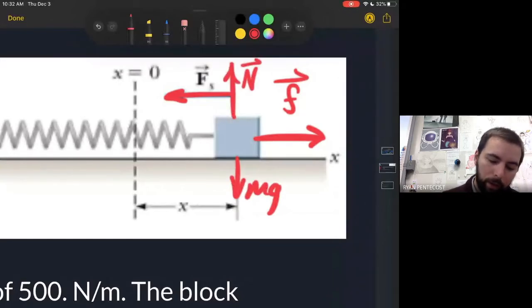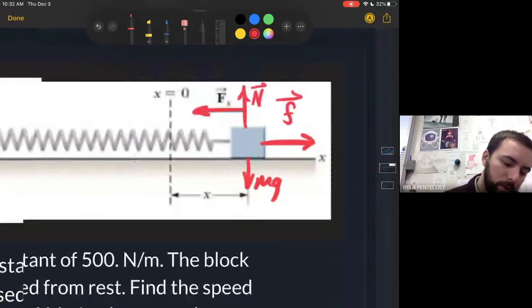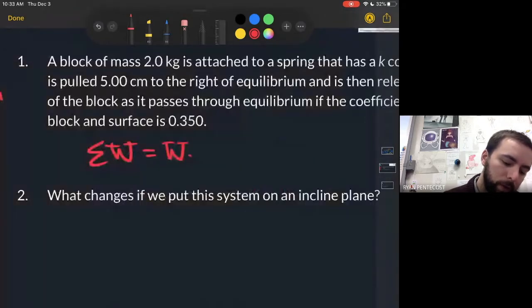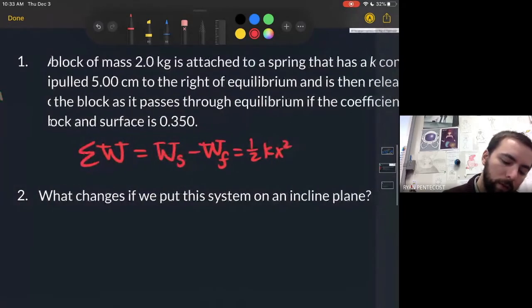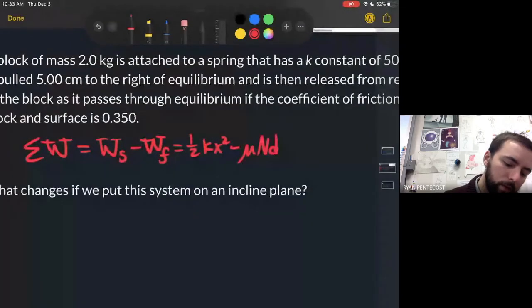So our spring is now actually the positive work, as you can see in that image, and then friction is going to oppose us. So let's go for it. You've got the work done by a spring minus the work done by friction. Now remember, the work done by a spring is 1/2 k x squared. And the work done by friction, the wonderful equation, you have mu and d. Well, in this case, d is delta x.